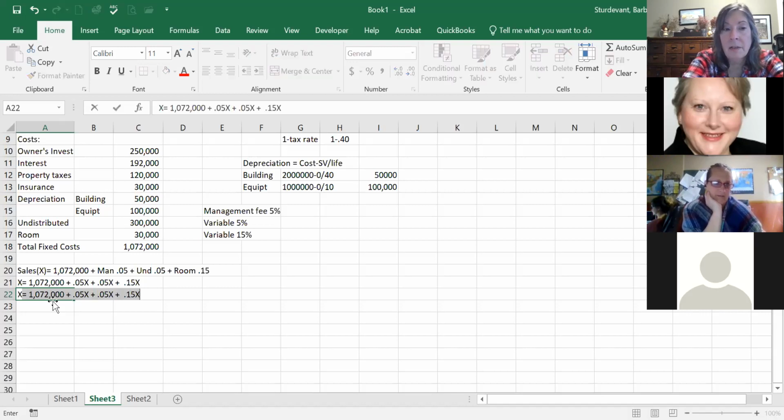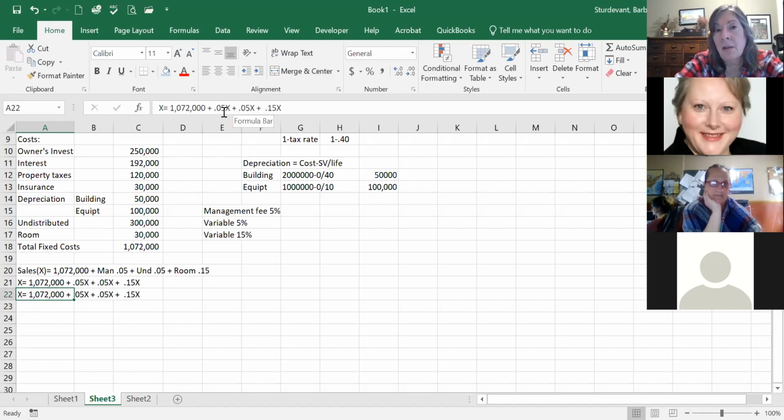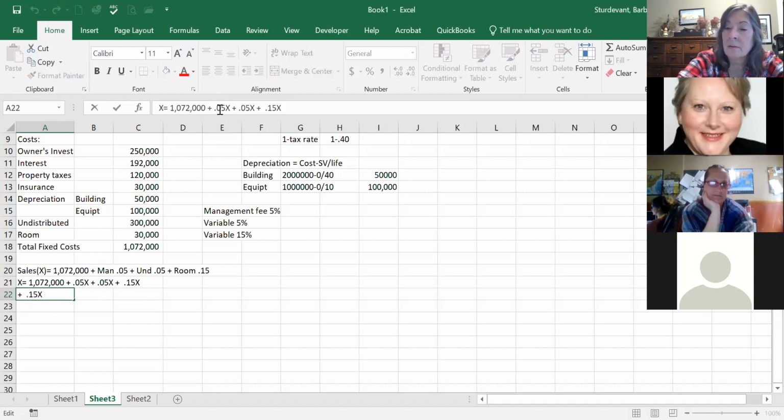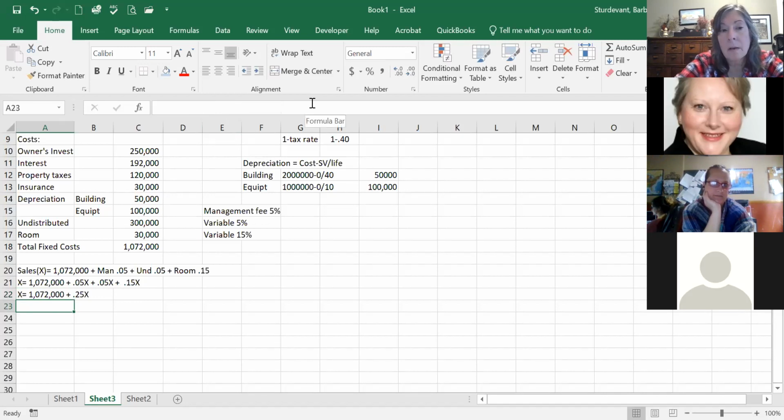We're going to combine our x's first. If we add all these together, we end up with 0.25x. Remember, this x technically has a 1 in front of it. Because this is added, we're going to subtract 0.25x from both sides.